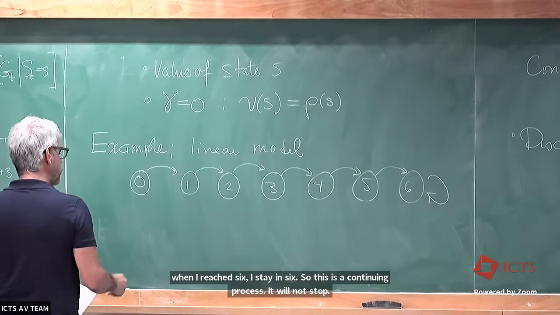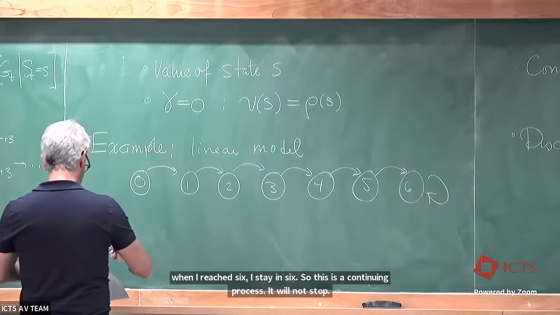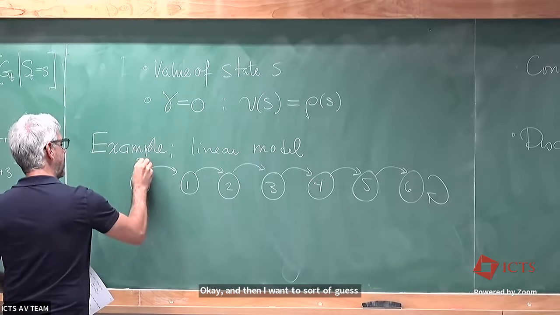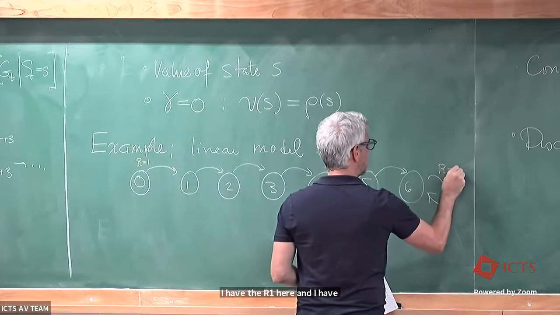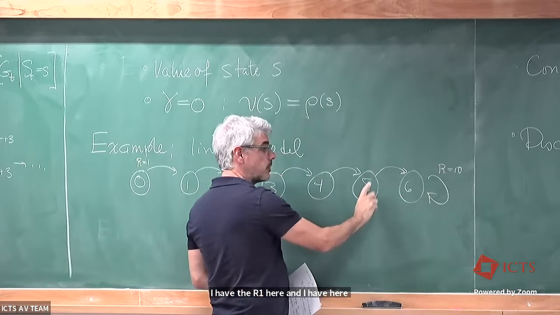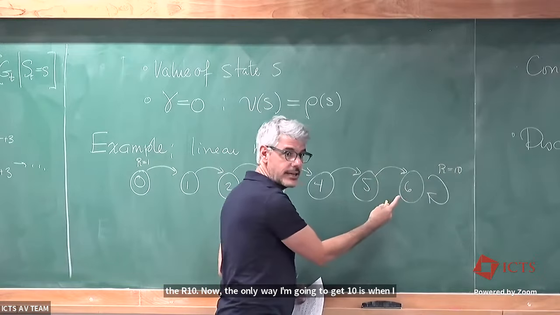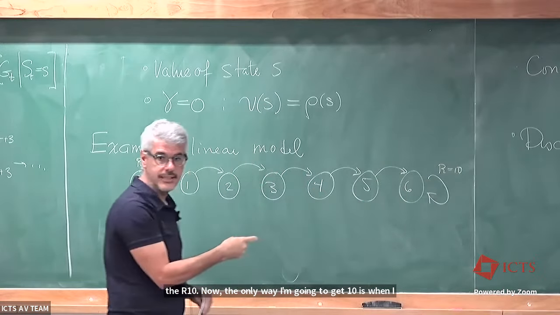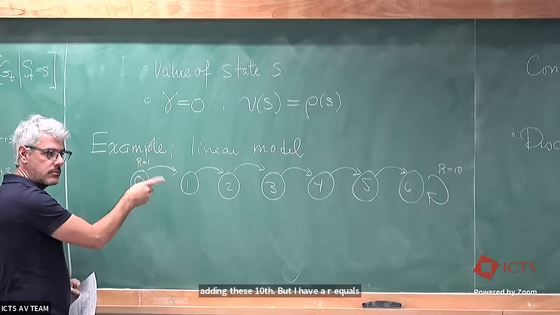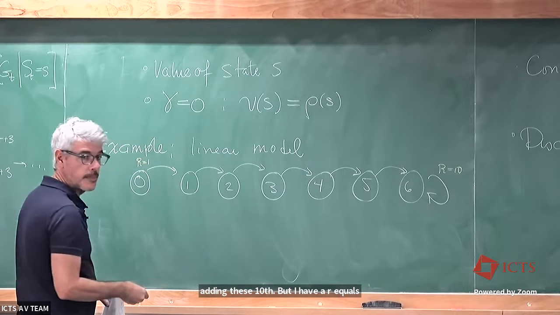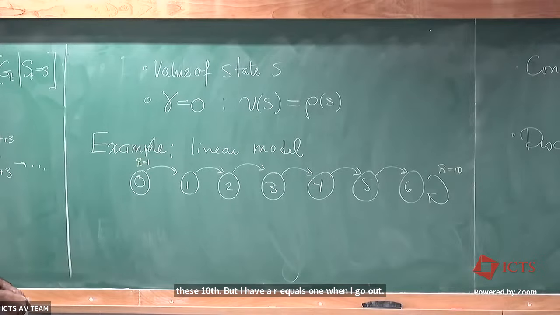Okay, and then I want to sort of guess. Don't forget, I have the R equals 1 here, and I have here the R equals 10. Now, the only way I'm going to get 10 is when I reach 6. As soon as I stay in 6, I'm going to start adding these 10s. But I have R equals 1 when I go out. This is fully deterministic.